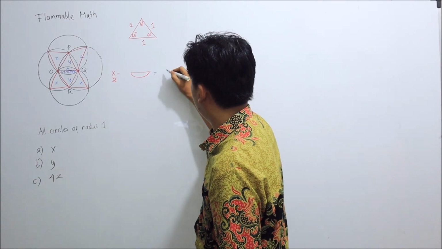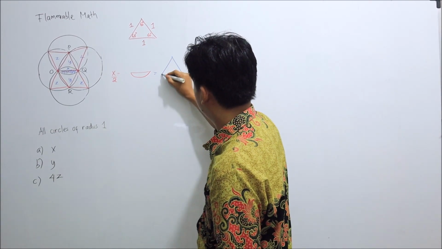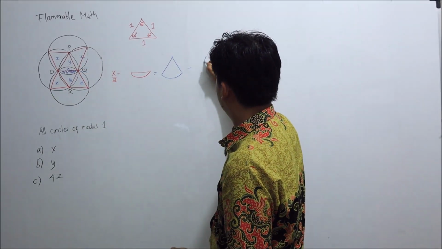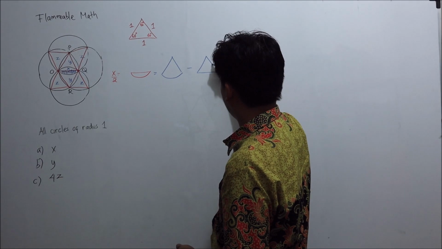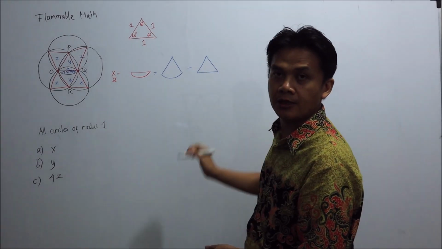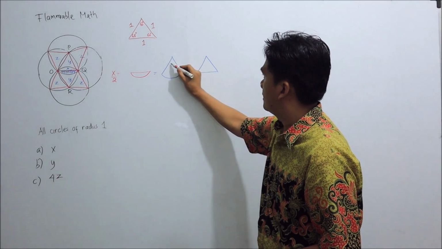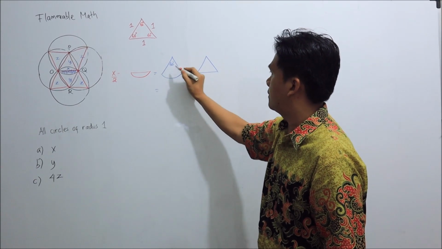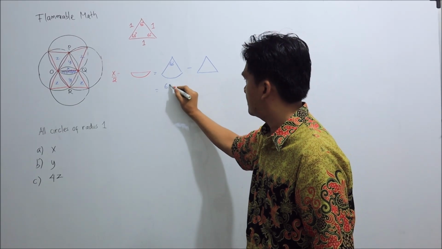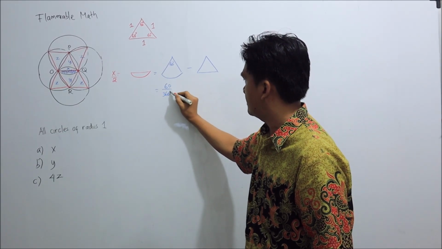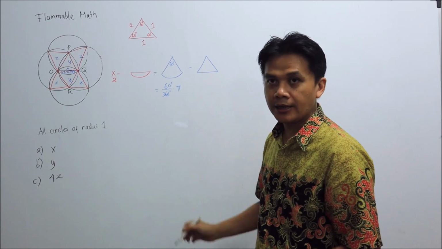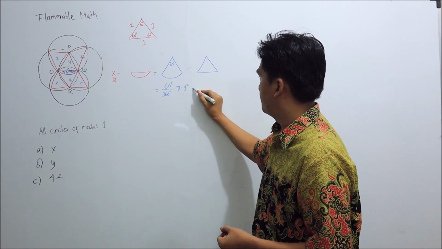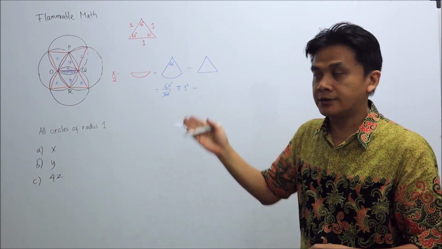Notice that this is nothing but that circular sector area minus the area of the equilateral triangle. Since this is equilateral, the angle here is 60 degrees. Therefore the area of this sector is 60 over 360 times pi times radius squared, but the radius is 1, so 1 squared, minus the area of this triangle.